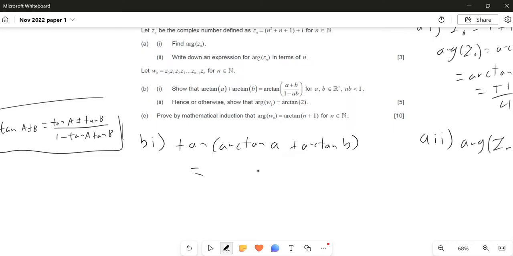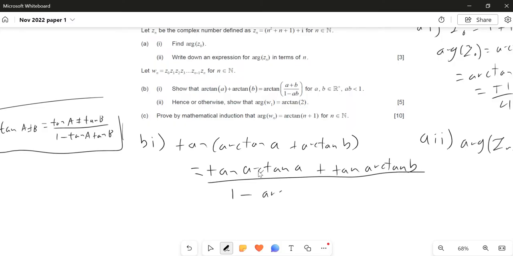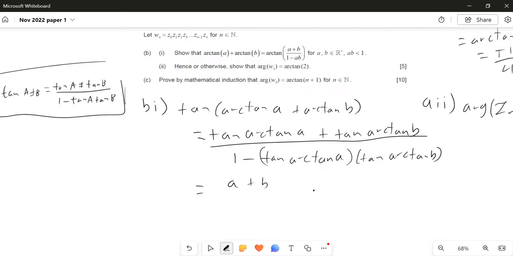So our A is going to be arctan A and B is going to be arctan B. So tan arctan A plus tan arctan B over 1 minus tan arctan A tan arctan B. Because tan arctan A will just be A, and tan arctan B is just B, so A plus B all over 1 minus AB.